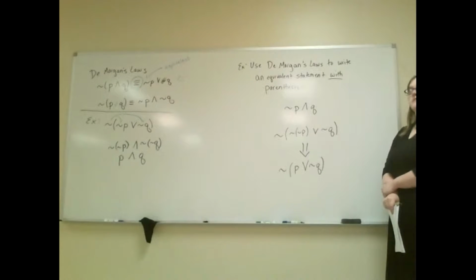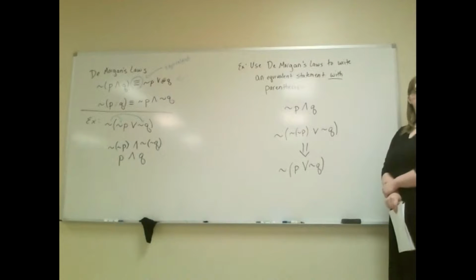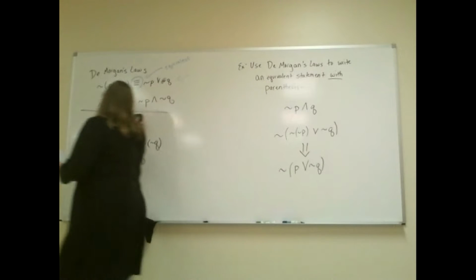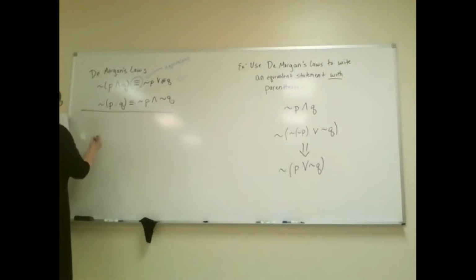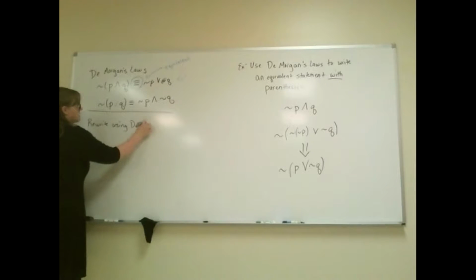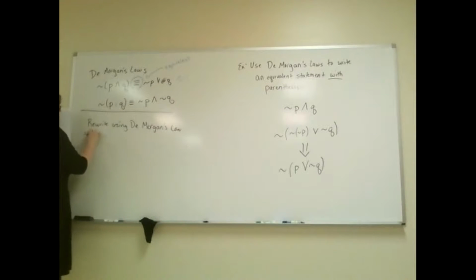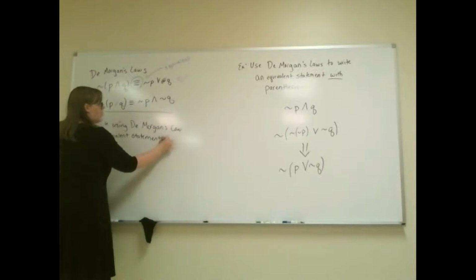Any other questions about these two examples? Okay, I'm going to give you guys one to try and then we'll talk about it. All right, so rewrite using De Morgan's laws the equivalent statement with parentheses.